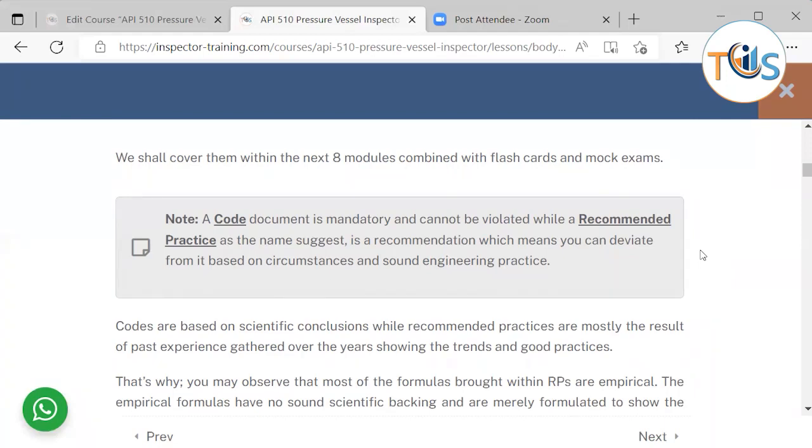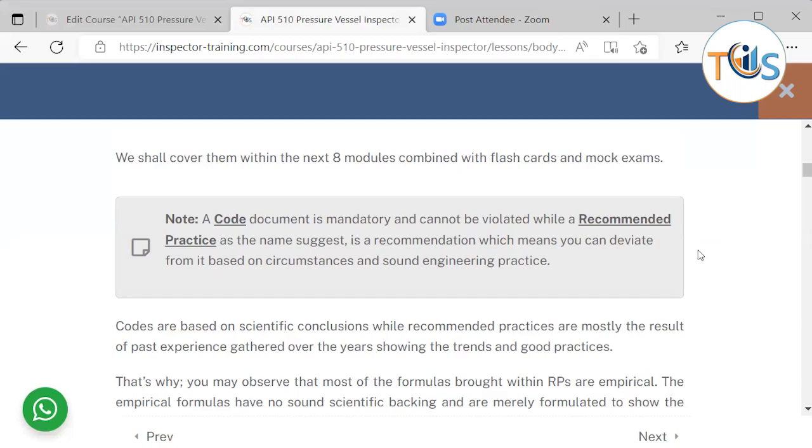Now, a recommended practice is actually just a combination of experience and good engineering practices, good fabrication practices, and is a recommendation. So if you deviate from this, it's just advisory. It's not violating the code if you do that.